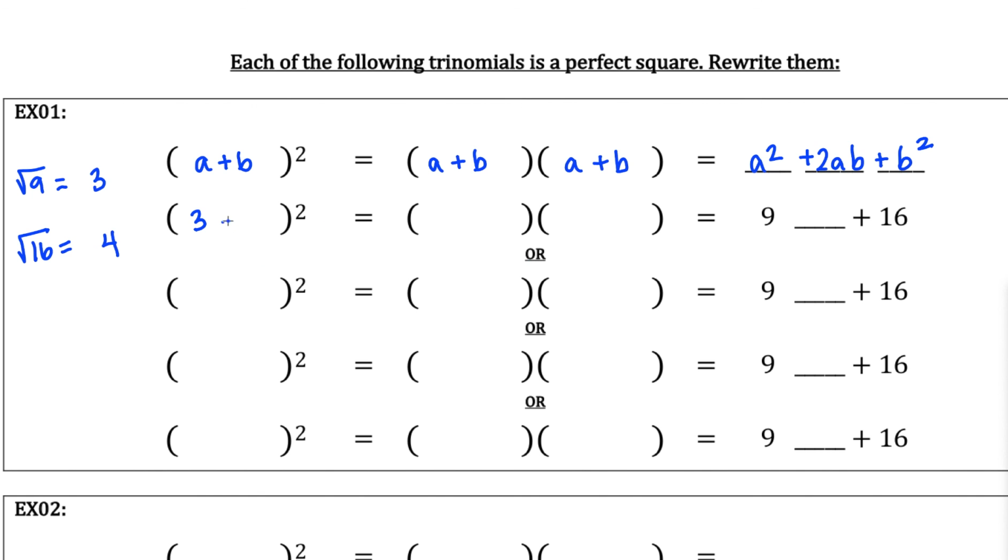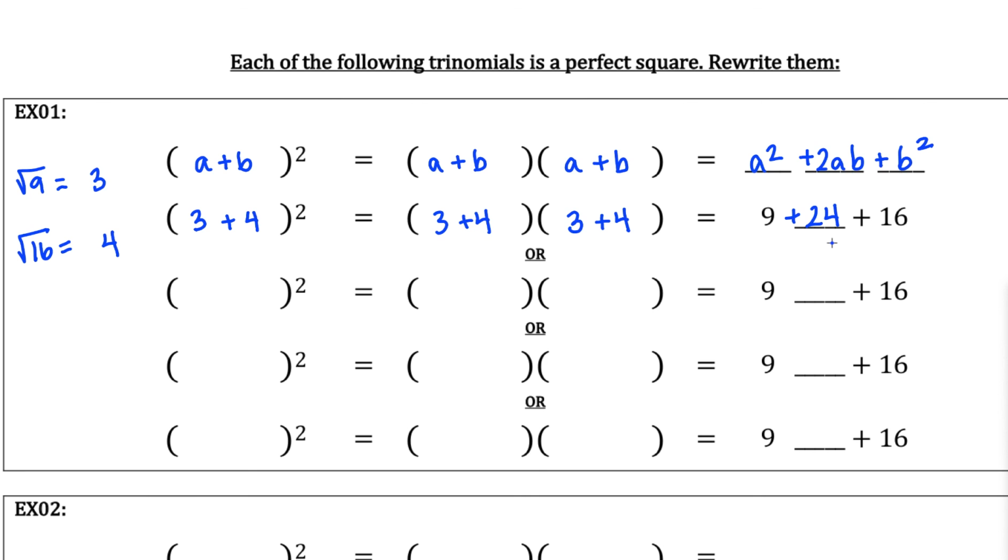So that's going to be plus 4, which means this is 3 plus 4 times 3 plus 4. Because remember, 3 plus 4 squared is 3 plus 4 times 3 plus 4. So we know that this middle term is 2AB, right? So 3 times 4 is 12. We have 2 of them, so plus 24. That's really not bad, right?